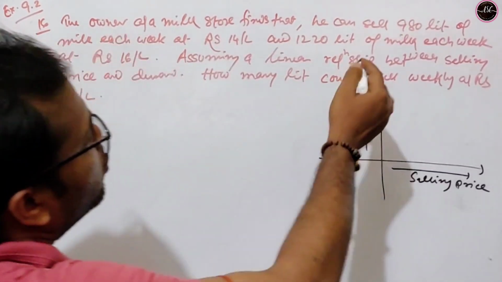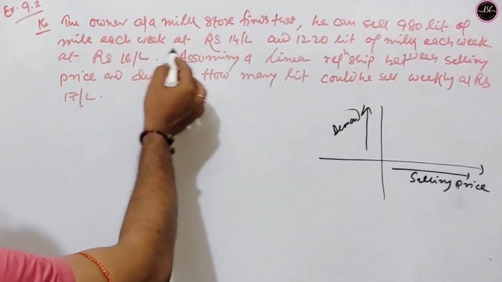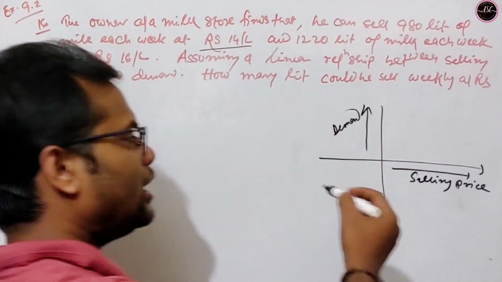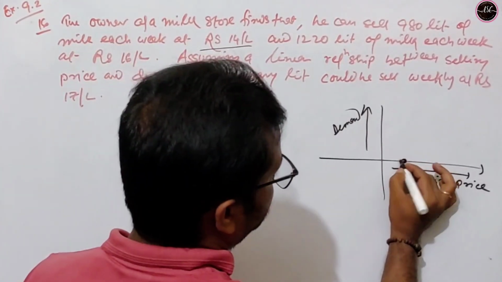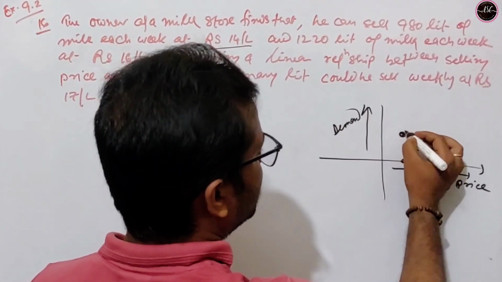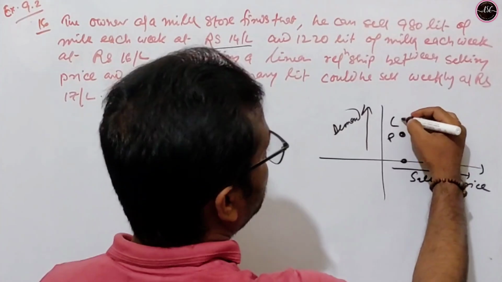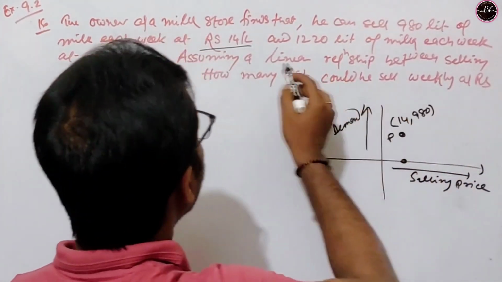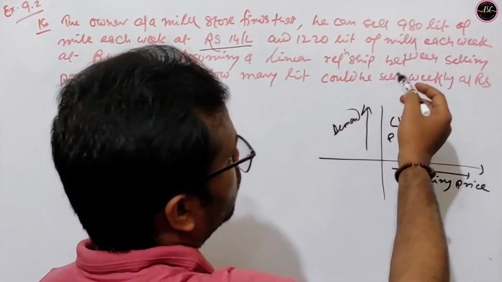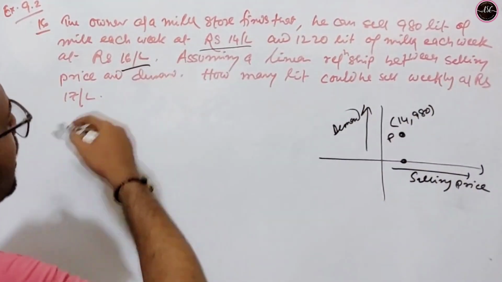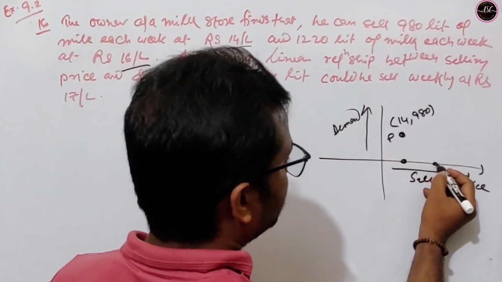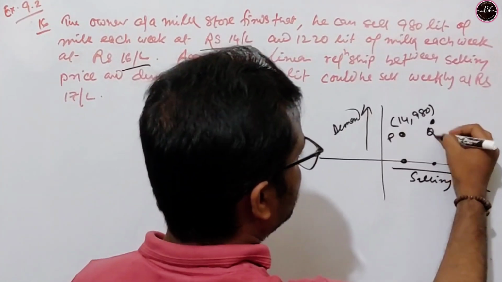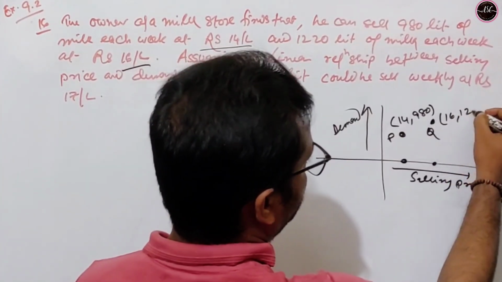So when the rate is 14 per liter, demand is 980. So this is a point, let P. So this is 14, 980. And when demand is 1220, the rate is 16. That means this point will be here. This is the Q point. Here 16 comma 1220.